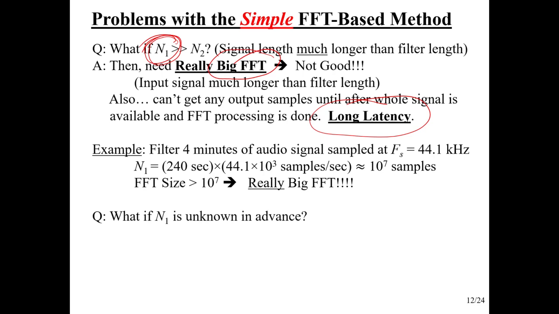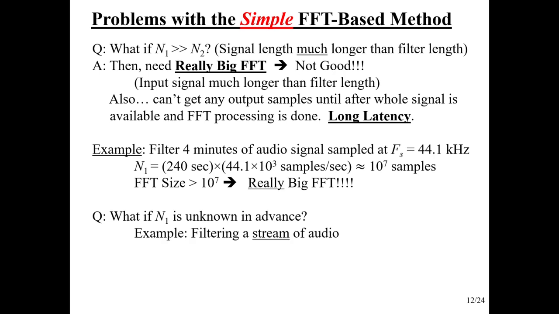And then what if we don't know N1 in advance? Remember, we have to zero pad H out to something a little bit bigger than N1. And we'd like to be able to pre-compute the FFT of the impulse response. But if we don't know how long the song is going to last when we start, say we're implementing a filter that we're going to play live through, who knows how long I'm going to play that song for.